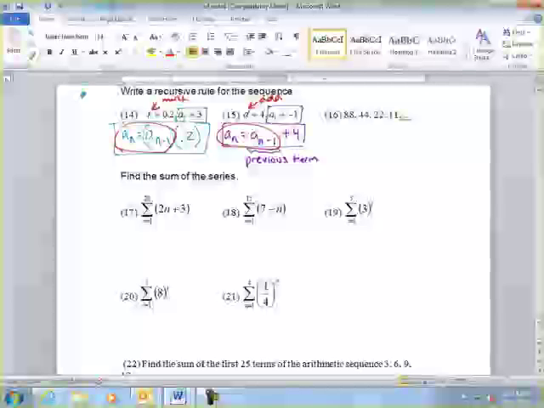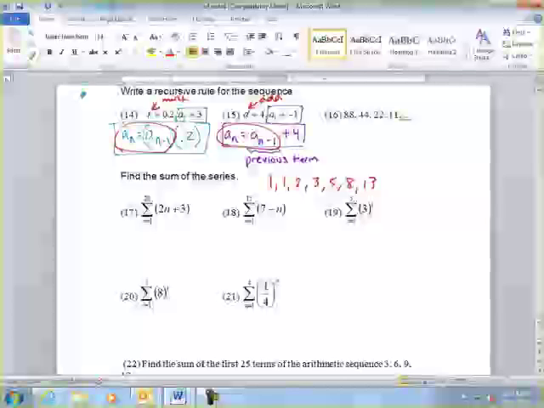So we don't have to make our own rules. So only in arithmetic or geometric, but not for a general sequence. Like one of the ones that you studied in the notes was called the Fibonacci sequence, which is 1, 1, 2, 3, 5, 8, 13. And that one has a much more difficult recursive rule because it's basing off of 2 previous terms. It's not just arithmetic or geometric.